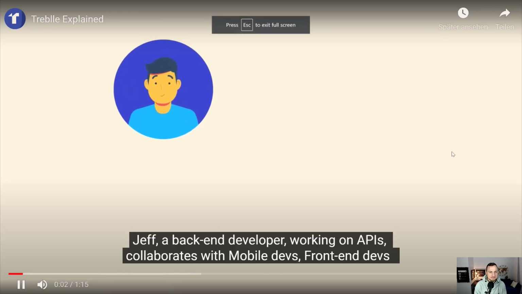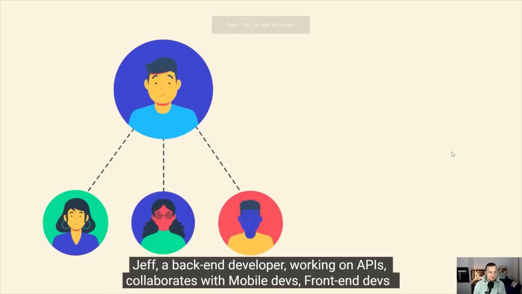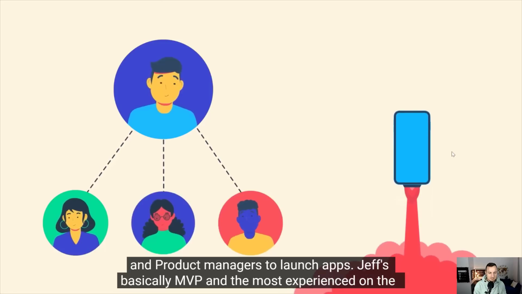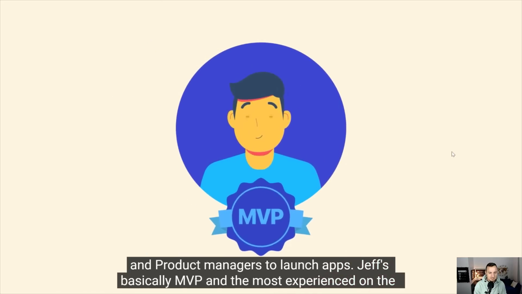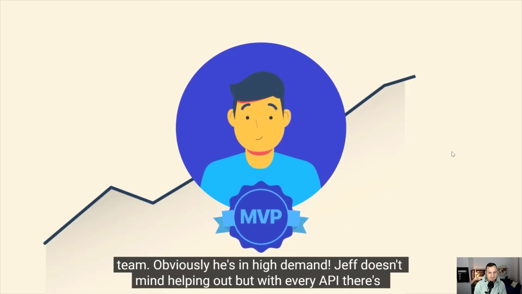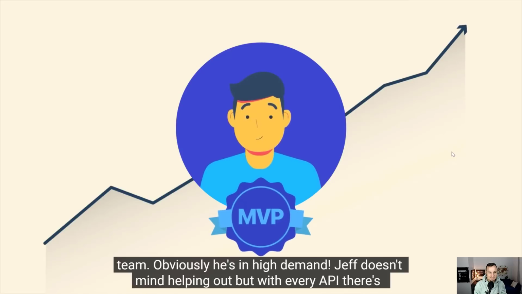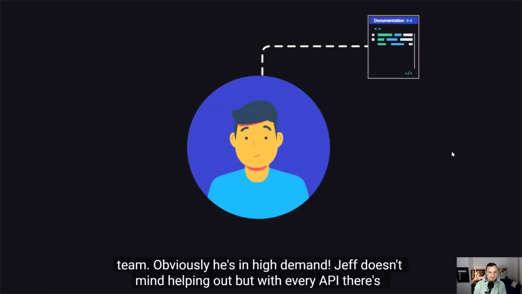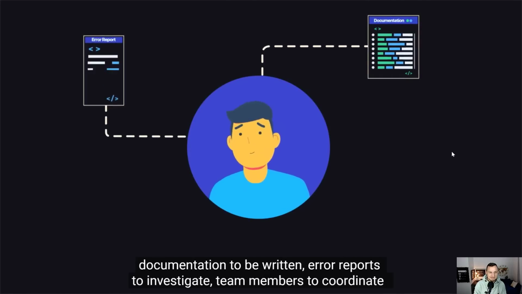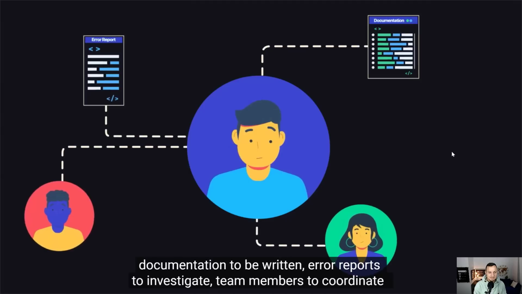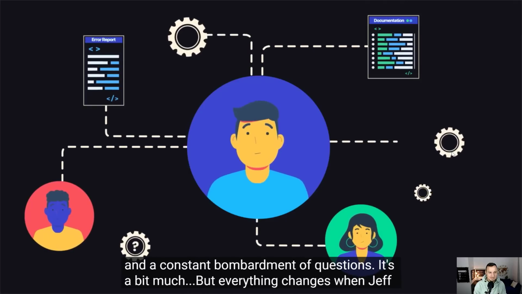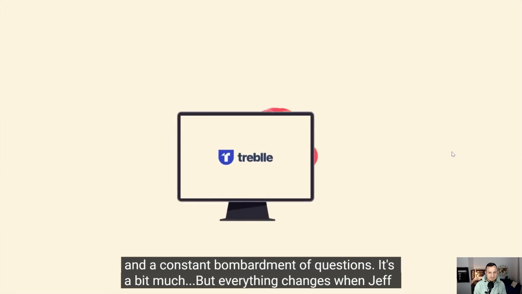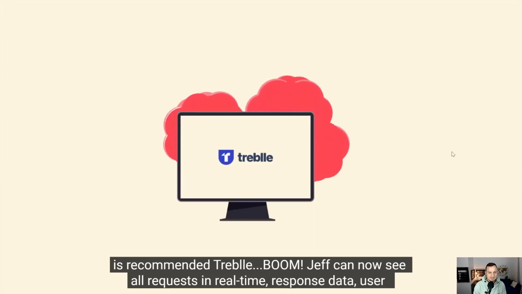Jeff, a backend developer working on APIs, collaborates with mobile devs, front-end devs, and product managers to launch apps. Jeff's basically MVP and the most experienced on the team. Obviously, he's in high demand. Jeff doesn't mind helping out, but with every API, there's documentation to be written, error reports to investigate, team members to coordinate, and a constant bombardment of questions. It's a bit much, but everything changes when Jeff is recommended Treblle.